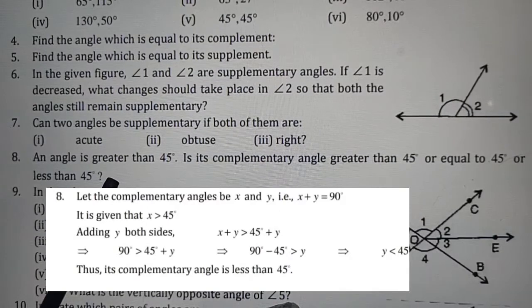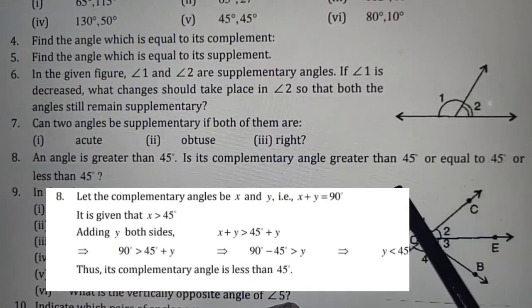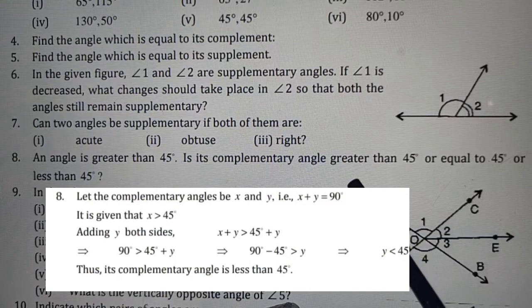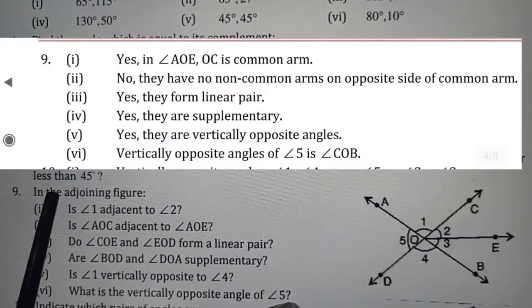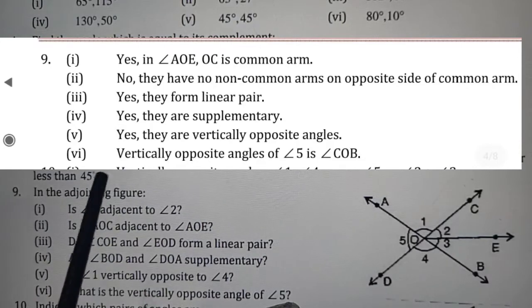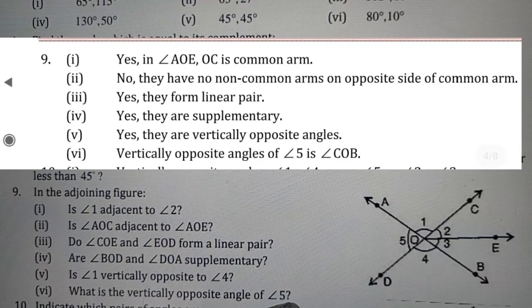The similar condition applies here: we want the addition of two angles to be 90 degrees, because we have to find the complementary angle. So if one angle is greater than 45, then the second angle must be less than 45. Only then can we get the addition as 90 degrees.